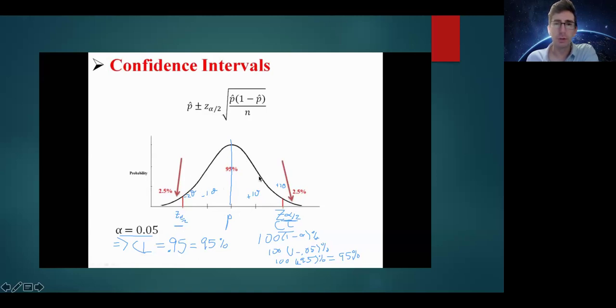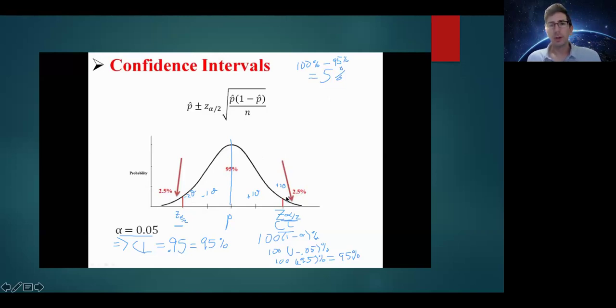Because why? Because we know 95% of our sample proportions will fall between these two values. Well, if 95% will fall in between those two values, that means 5%, right, have to fall outside. If the total area under the curve is 1 or 100%, that 100% minus the 95% we're confident about gives us that 5% alpha, right, that we're unsure about, right?